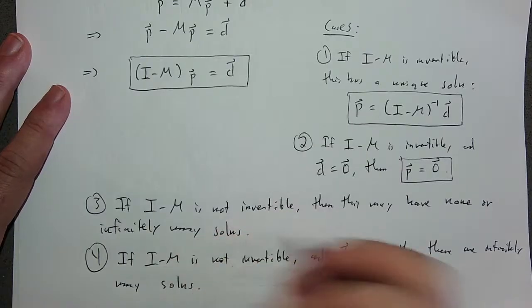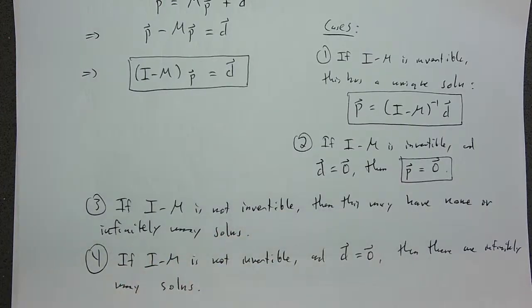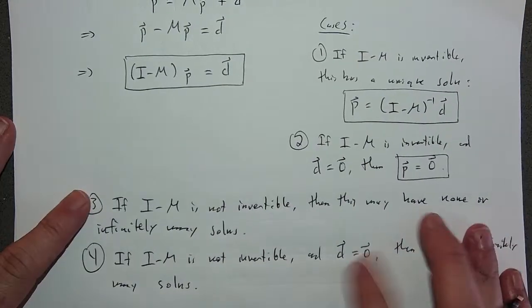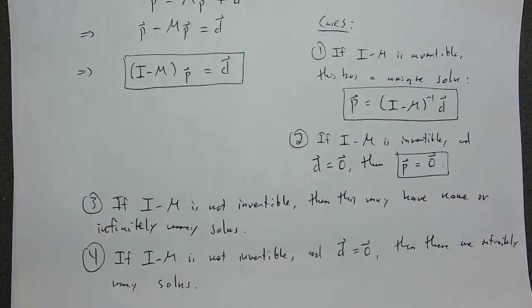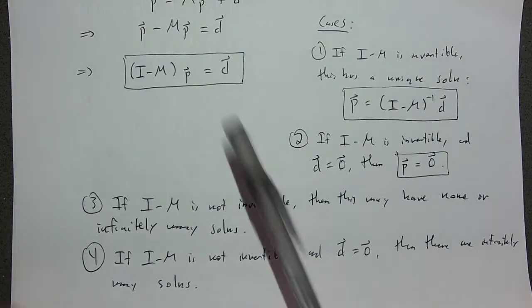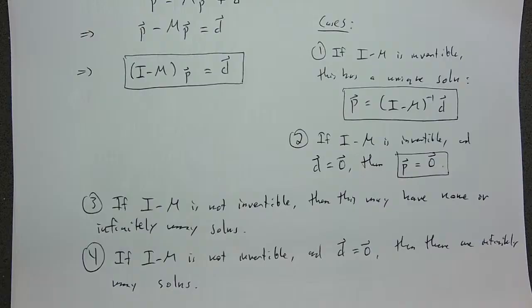How to see that from 3? 3 is not saying much at all. This is kind of what you always know for a matrix equation Ax equals b, where A is not invertible: either has 0 or infinitely many. If D is 0, this is a homogeneous equation, and a homogeneous equation always has at least one solution, the trivial solution. So since it can't be in the unique solution case, that one solution can't be the only solution, so there has to be infinitely many. That's the reasoning here.